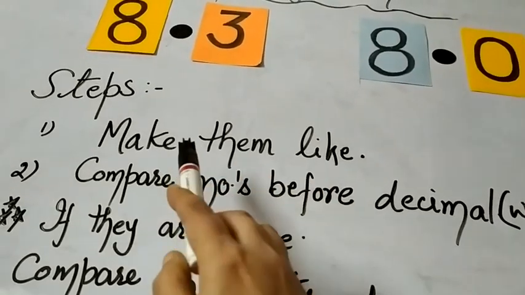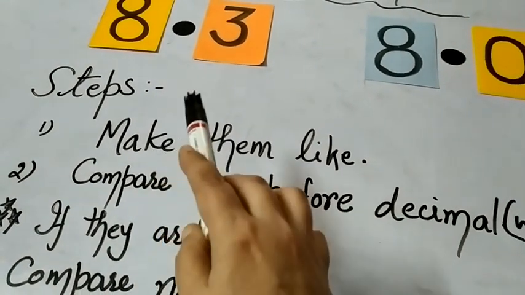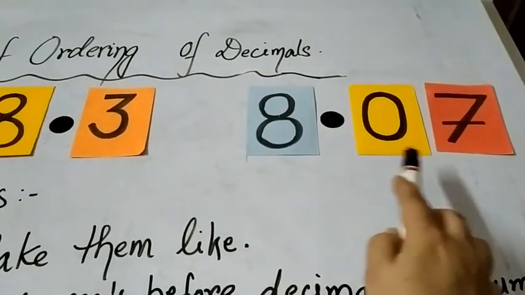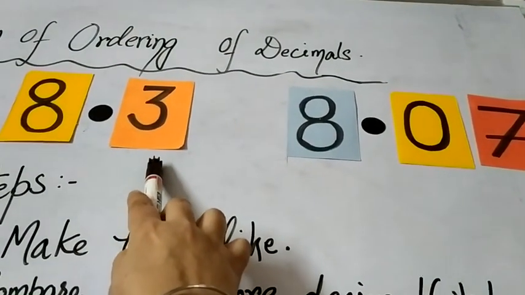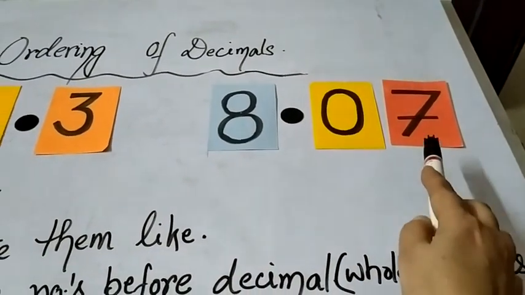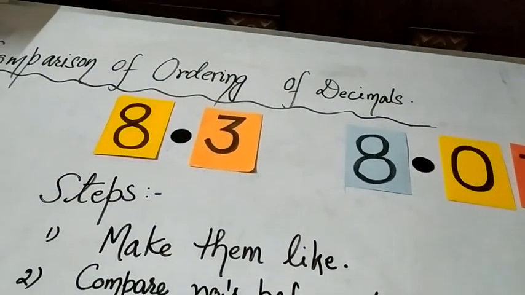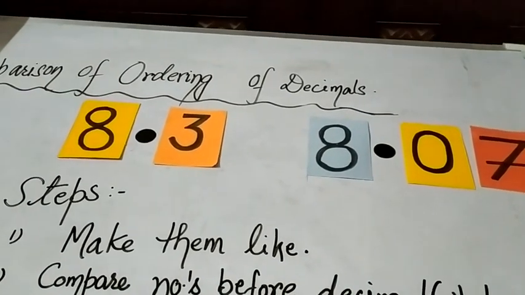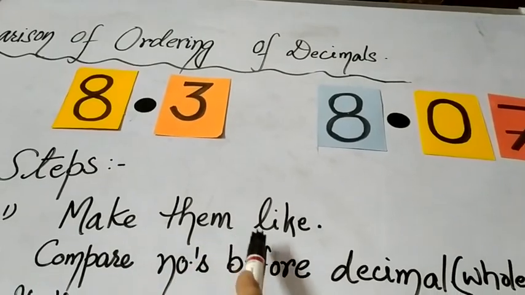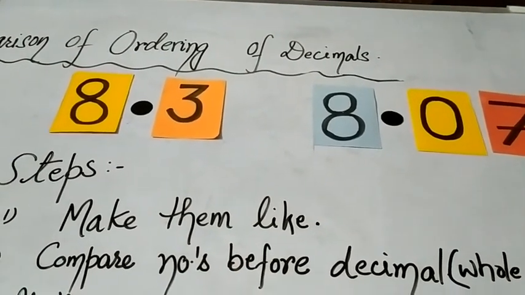Step number 1: if the decimal numbers are unlike, like here. They are unlike because here there is one digit only after the decimal and here we have two digits. If you have unlike decimal numbers, the first step is to make them like. And you know how we make them like?